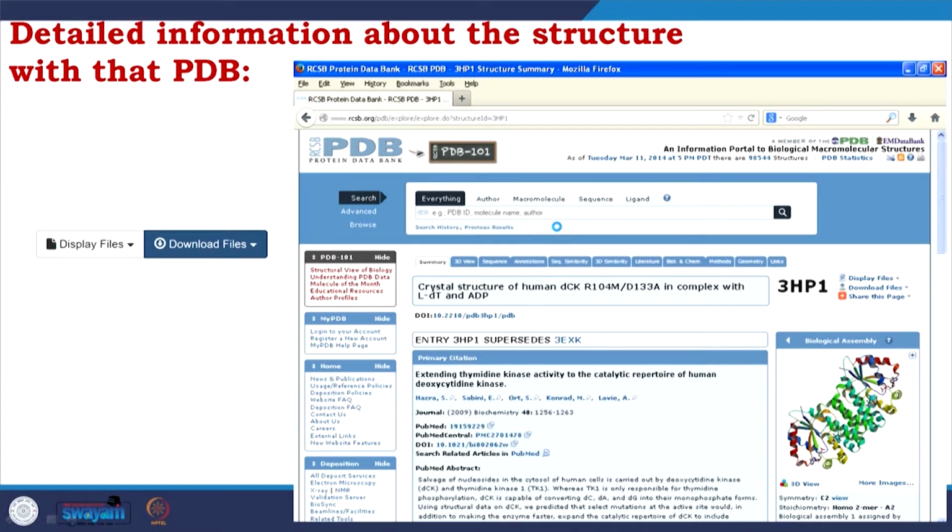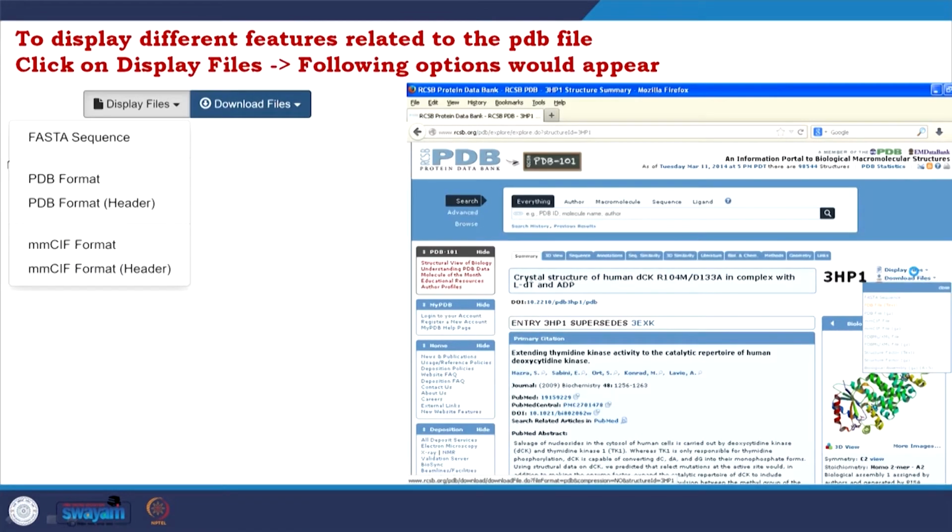So, you see the entry and there are two options to look at the file. One option is display files, another option is download files. To display files, you could see the files. To download files, you would download the files. When you go to display files, there are three major groups of information.